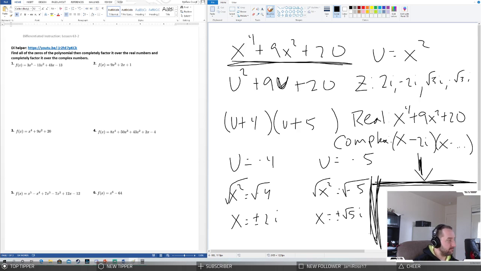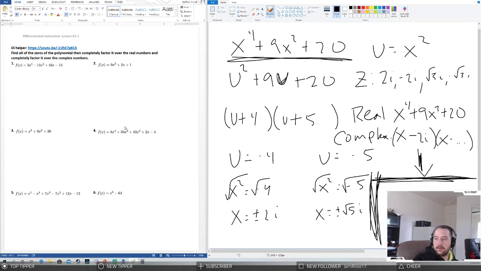Any questions on that one? Okay. So the rest of these are kind of long, but it's the same process, p's over q's, try and factor it out.